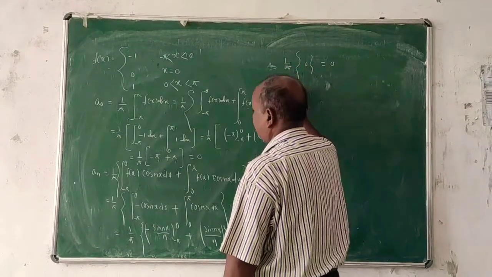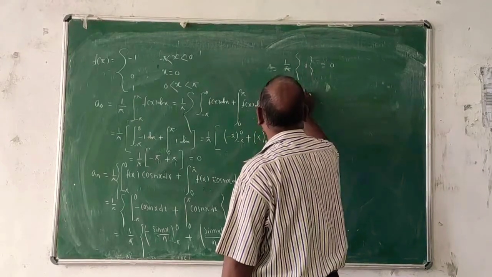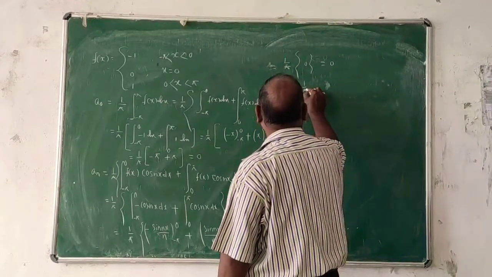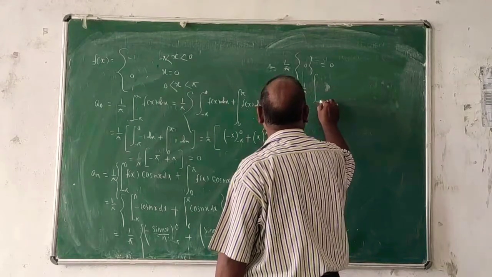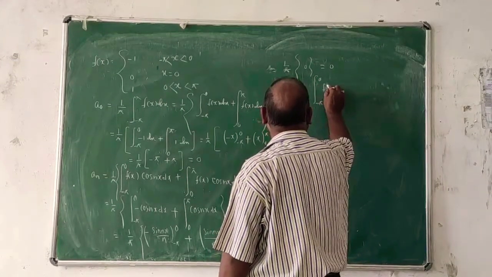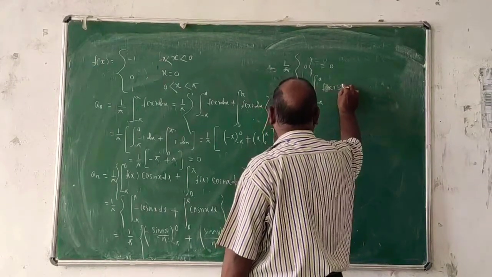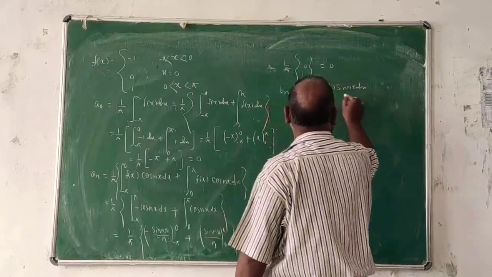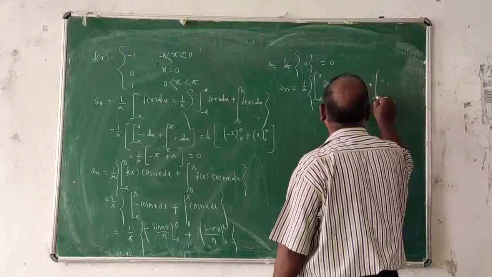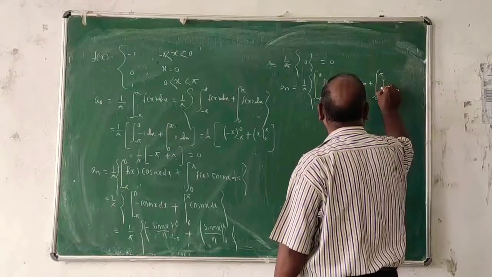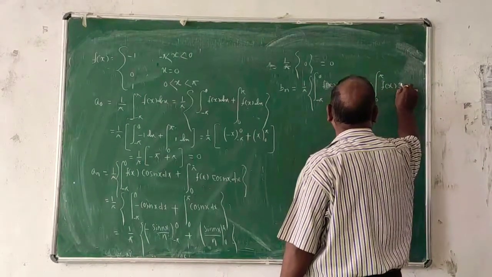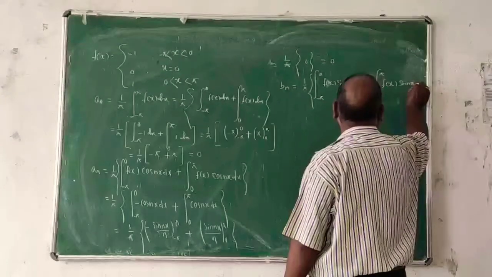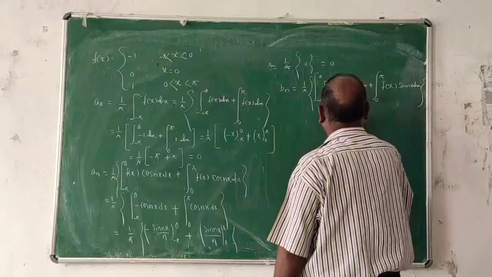Okay. Now let me calculate what is bn. bn is 1 by pi into the integration from minus pi to 0 of f of x sine of nx dx, plus the integration from 0 to pi of f of x sine of nx dx.